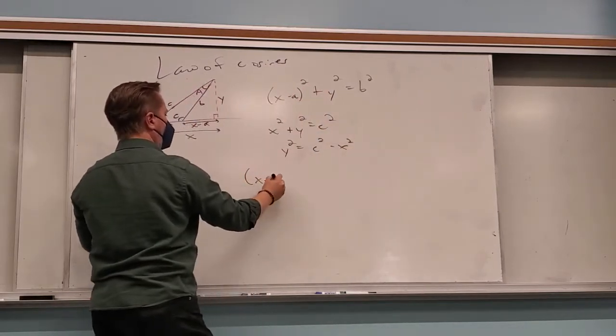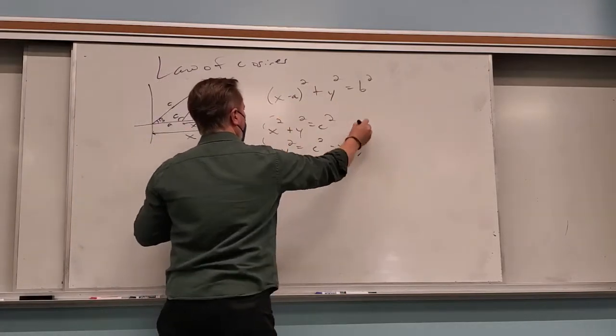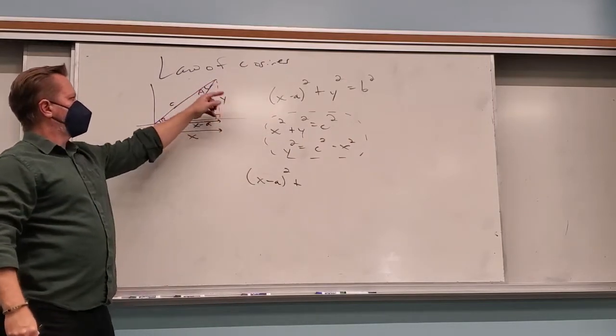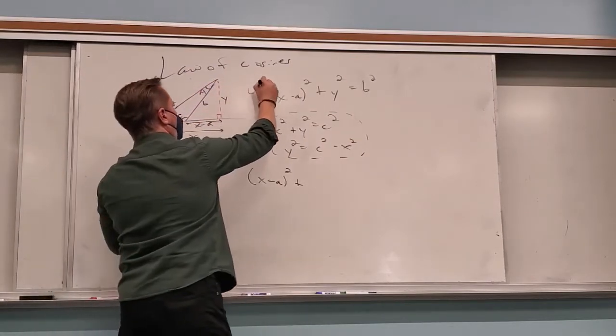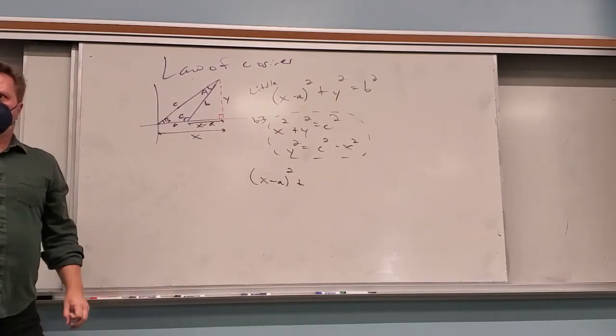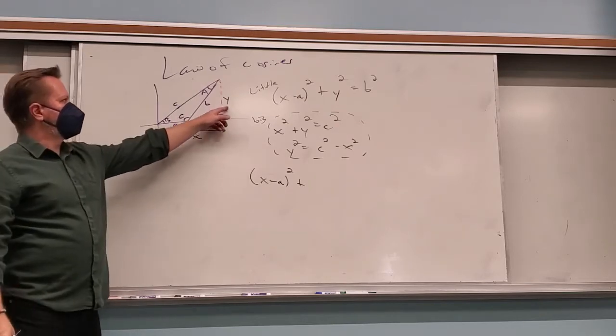So I get (x minus a) squared plus y squared equals b squared. This is from the little right triangle. This is from the big. So this is little, this is big, right? And isn't y the same side in both of them?